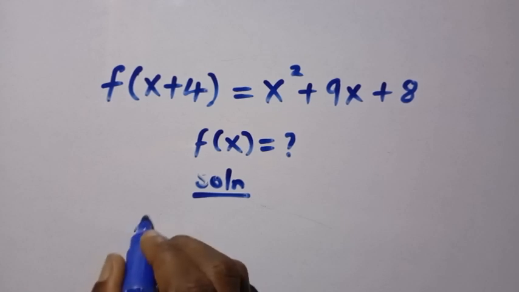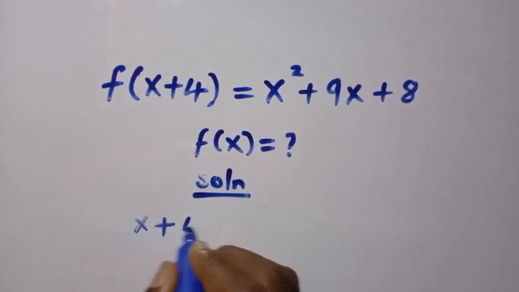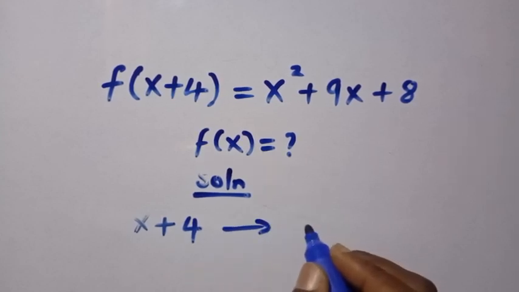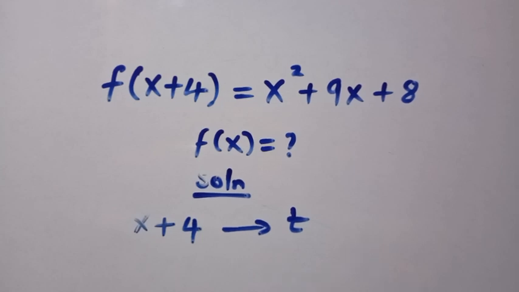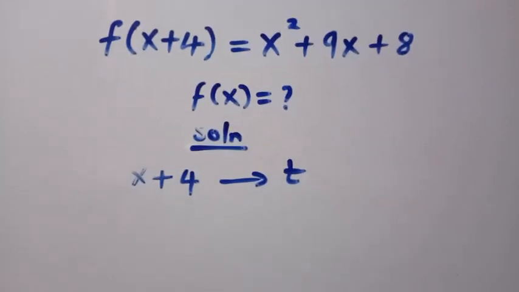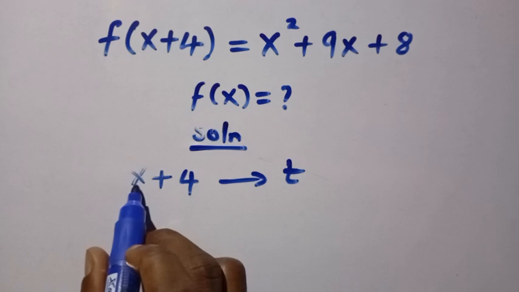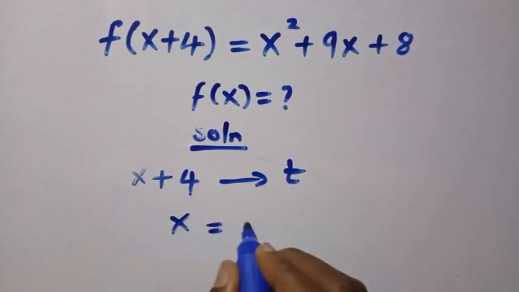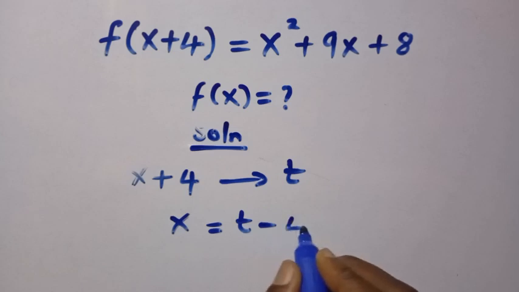Here we have x plus 4. Suppose I change this one to another letter. Okay, if I use the letter t, which means that if I make x the subject of the formula here, we are going to have x equals t minus 4.